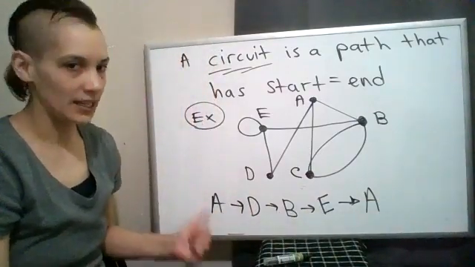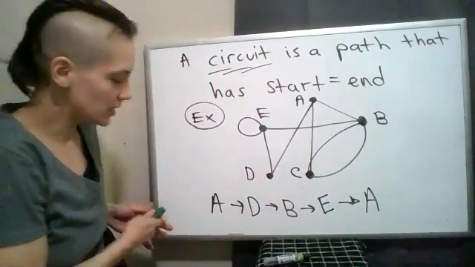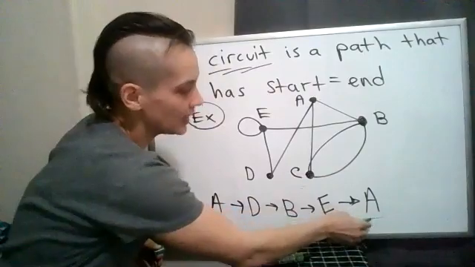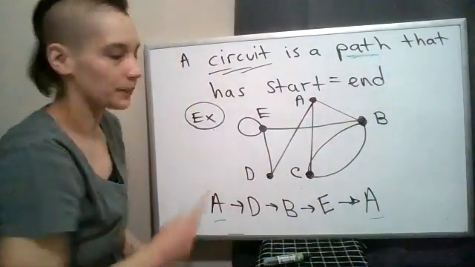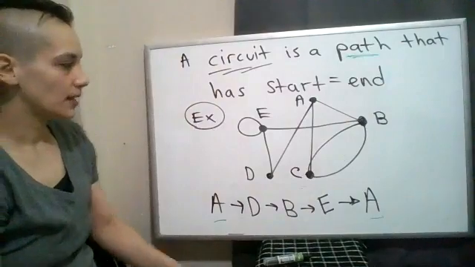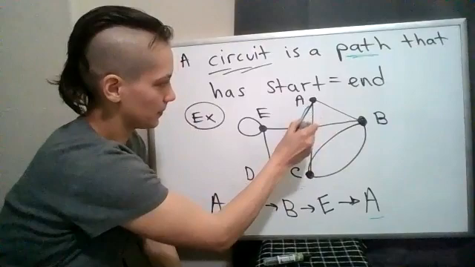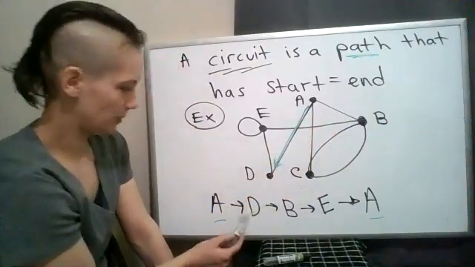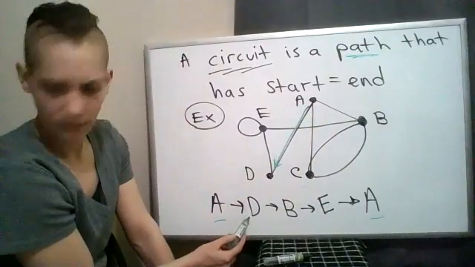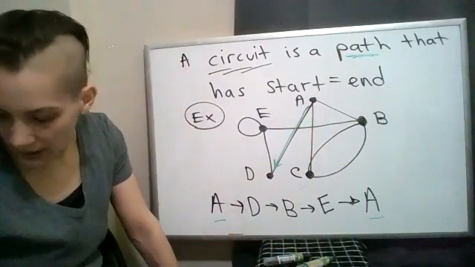So we're just going to make sure that that is a circuit. Just because it starts at A and ends at A, you need to make sure you only use every edge one time. From A to D, D over to B. Wait, D. It's supposed to be an E. I wrote it wrong.